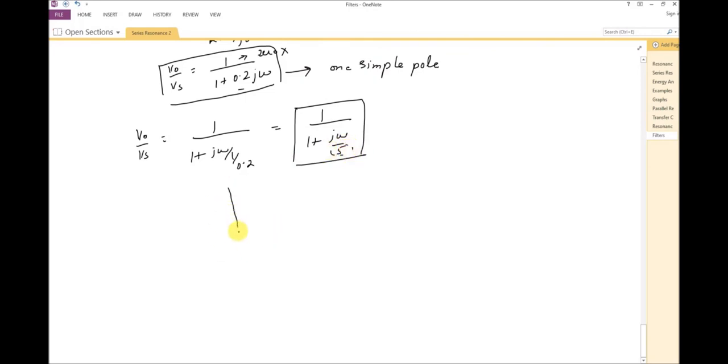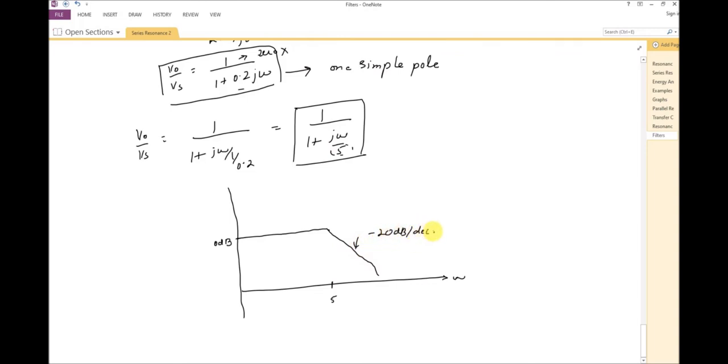So now if I have to draw the magnitude characteristics, this is your frequency axis, and on the frequency axis till 5, the magnitude will be equal to 0 dB, and after 5 it will start decaying at minus 20 dB per decade.